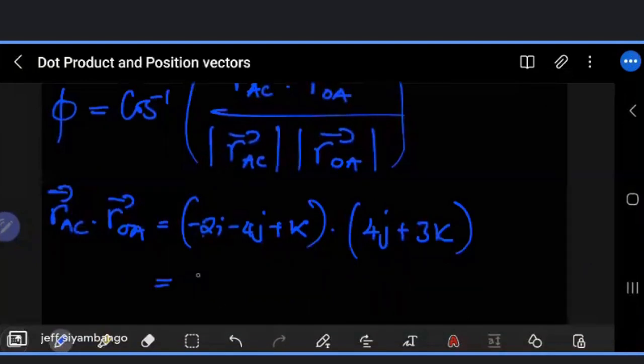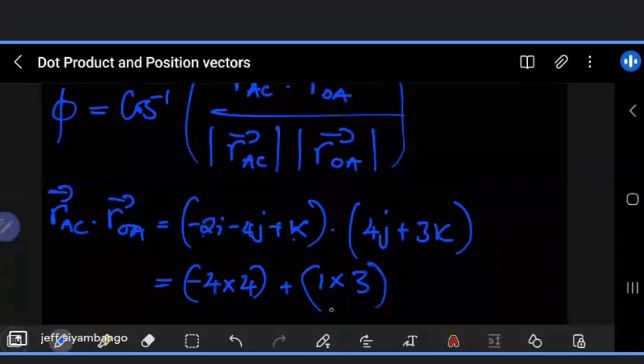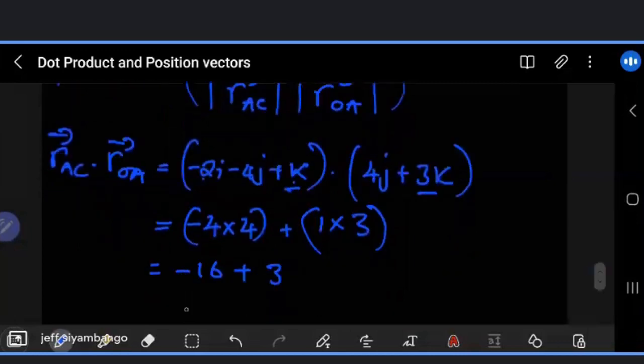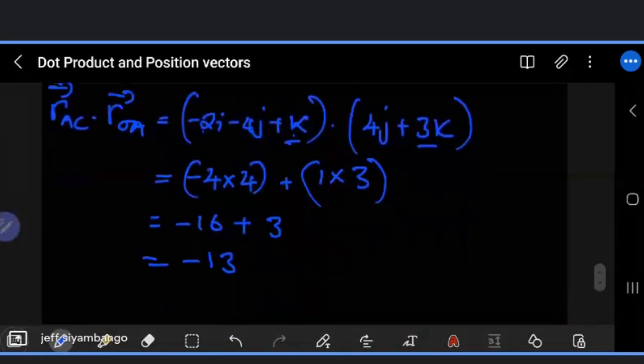And then -4 will multiply the 4. Then plus the K will multiply the 3. So that's just 1 by 3. Again, it's like for like: the thing with the K multiplies the coefficient of the K on the other side. So in the end, we have -16 plus 3. And this comes to give us -13. I hope you guys are following. So we now have the dot product.